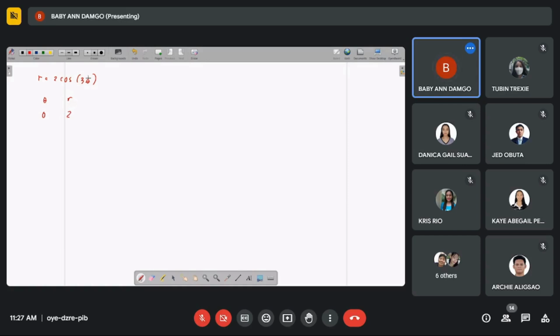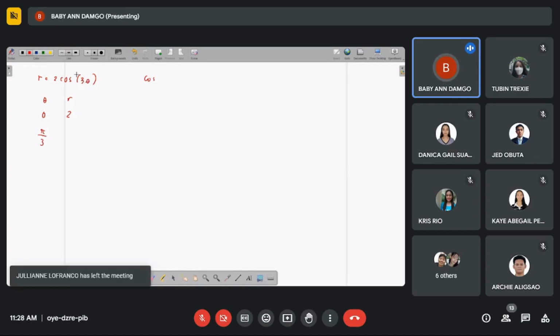Okay, next, so mangita tag, dapat ha, ang goal na to is positive 1, negative 1. So dapat ang result na to ani class kay like cosine pi, cosine 2 pi, 3 pi, 4 pi, like that. Okay, so another theta, so we have pi over 3. Okay, so when theta is pi over 3, so we have a cosine pi.